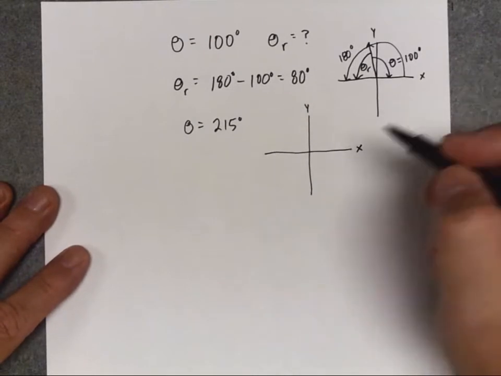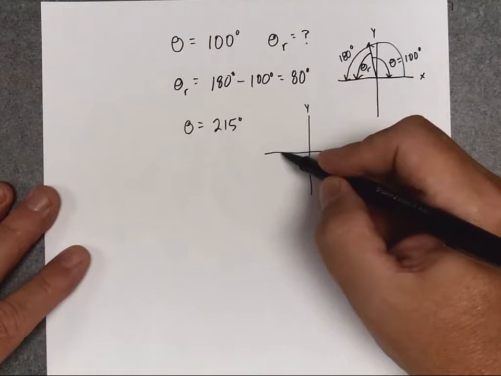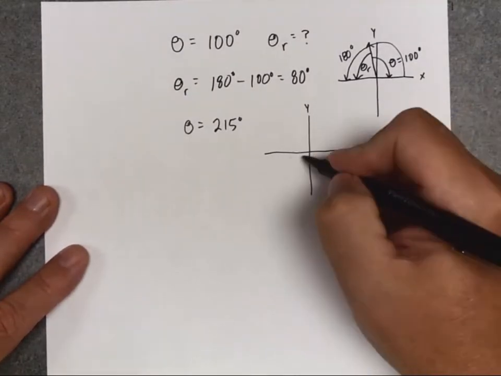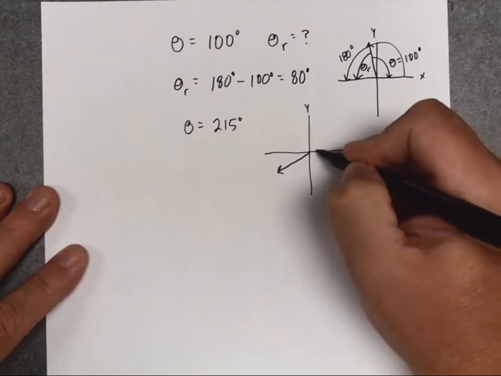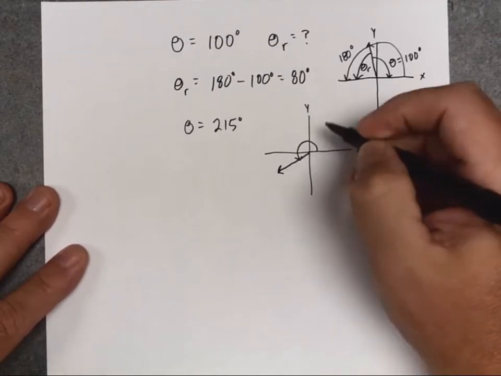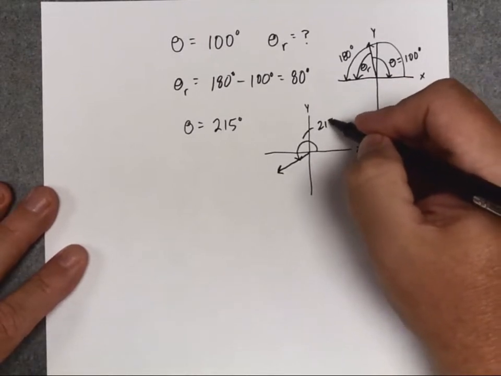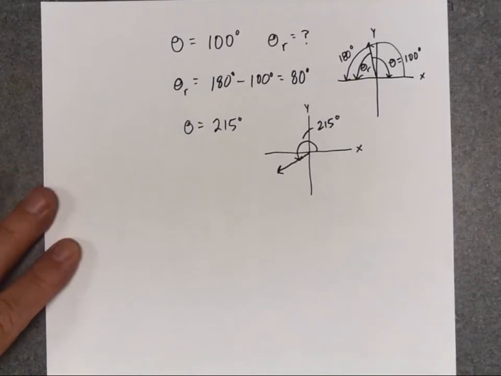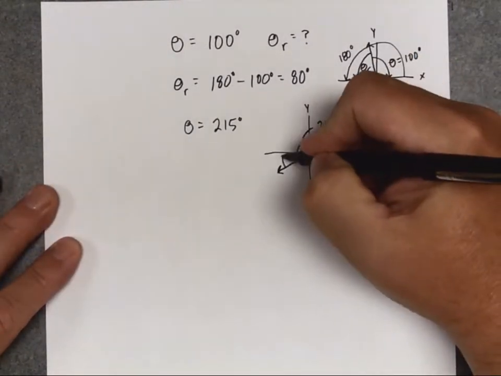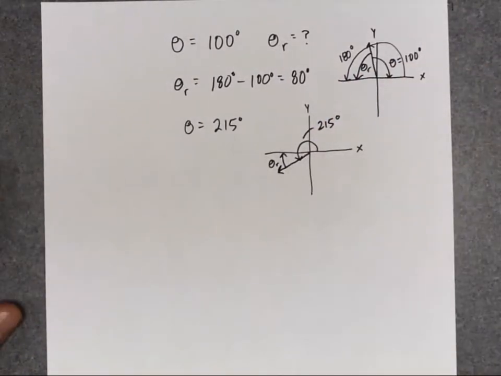So 215, well, I know 180 degrees is to the negative x-axis, so it must be around 35 degrees past it, so it might be maybe right here. So that might be a 215-degree angle. So first of all, what's my reference angle going to be? Well, it's going to be this angle right here.